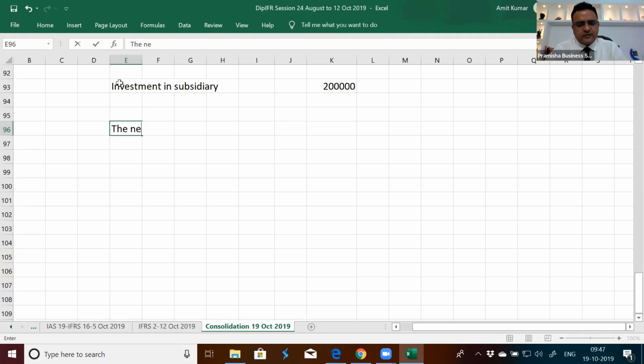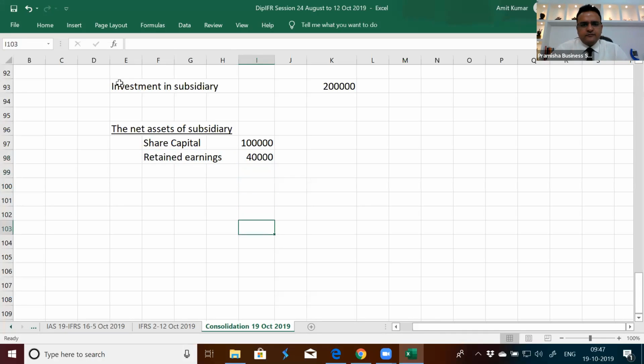The net assets of subsidiary represent share capital 100,000, retained earnings 40,000, the total being 140,000. Why would someone pay more?